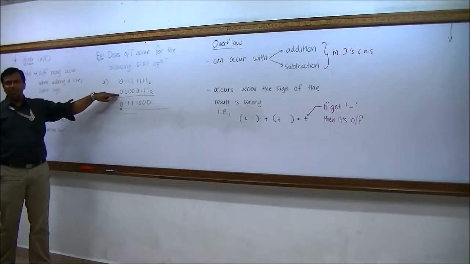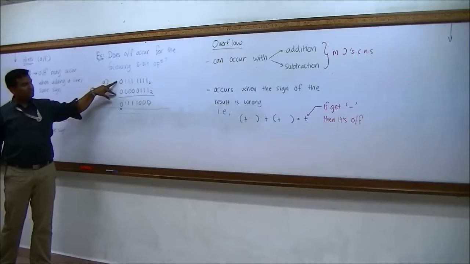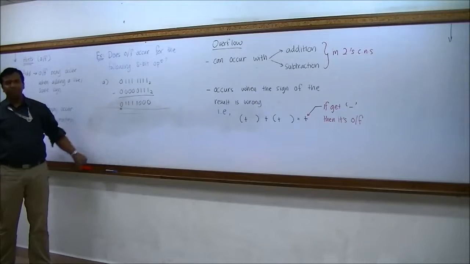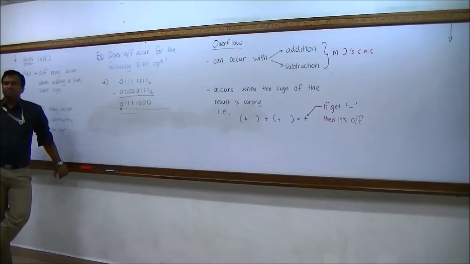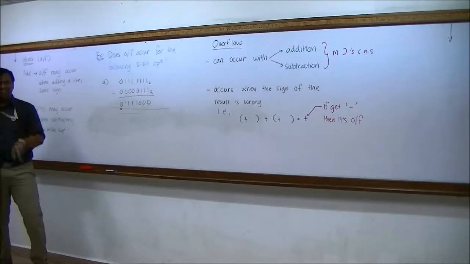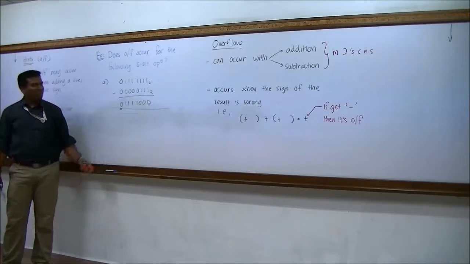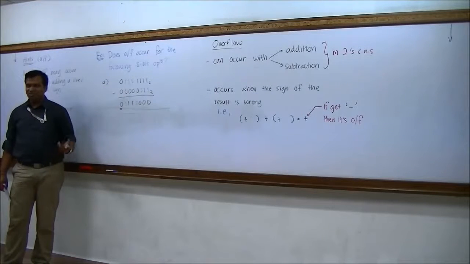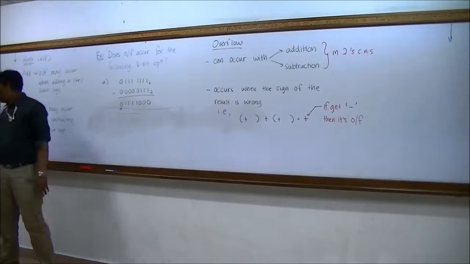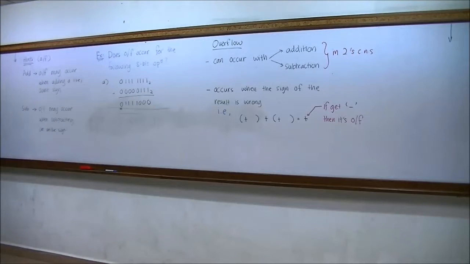If this one is bigger, it will be negative. So how do you know which number is bigger? Just by visual inspection. Simple, small ones. Anyway, the rule says that it's impossible to get overflow, I'm telling you.